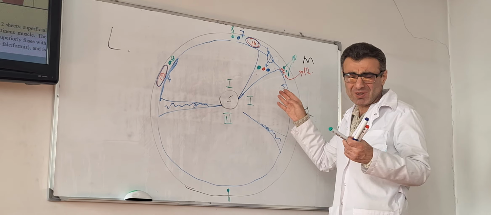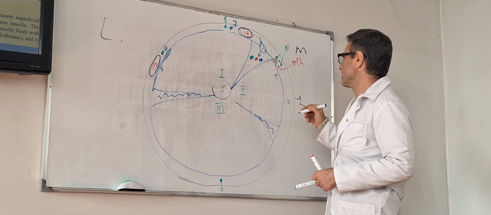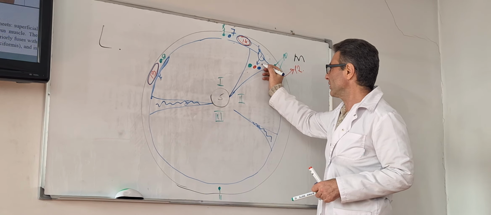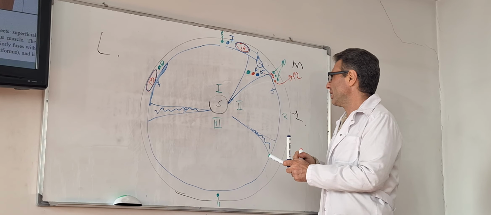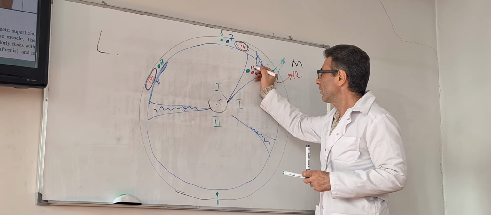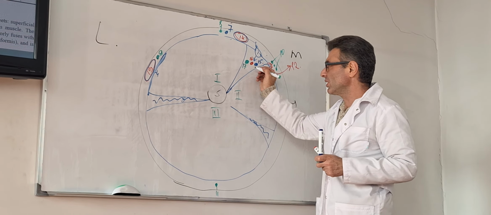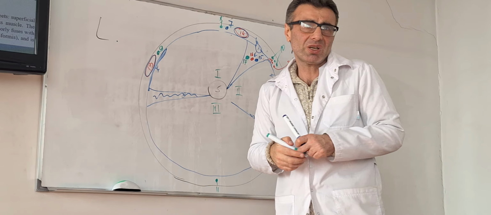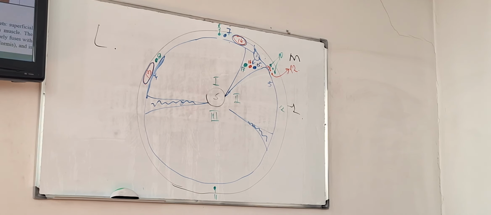Let's give different numbers for each of these structures. These are the last numbers: 14, let's say this is 15, 16, and 17. Of course, you know that this is the femoral neurovascular bundle. Call it, please: arteria femoralis, vena femoralis, nervus femoralis.